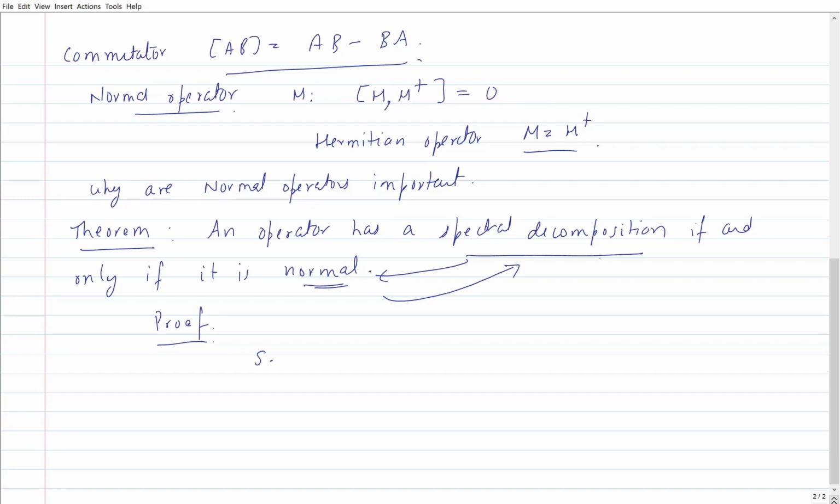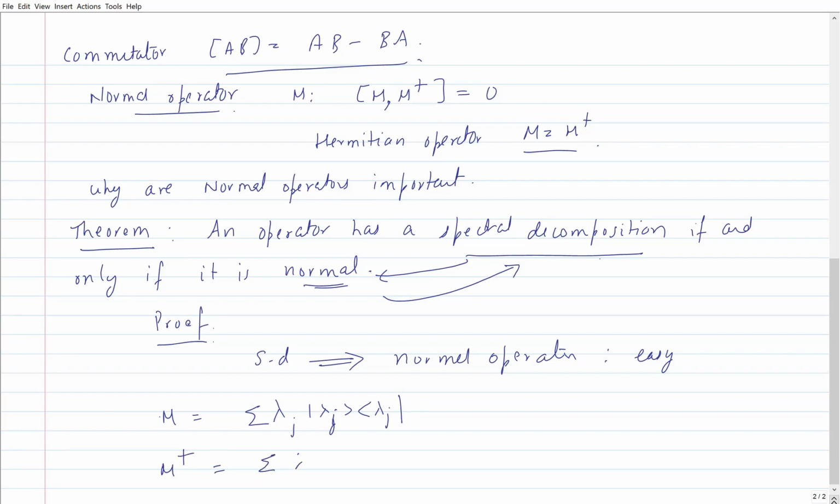So, one way proof, spectral decomposition implies a normal operator, is trivial. This is easy. Well, you assume the spectral decomposition of the operator M, and you just also have this guy as M dagger.